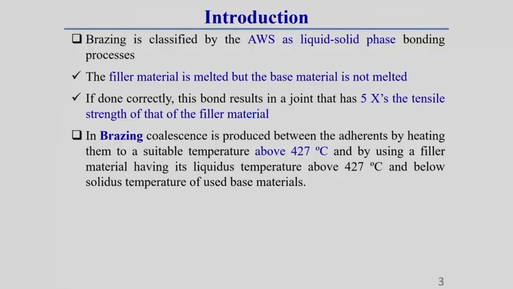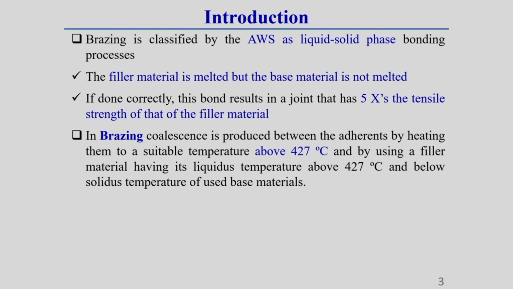Generally, the soldering process lies below the 427 degree centigrade range, whereas in brazing the temperature range is above 427 degrees centigrade. It is done using a filler material which has a liquidus temperature above 427 degrees centigrade and below the solidus temperature of the base material.